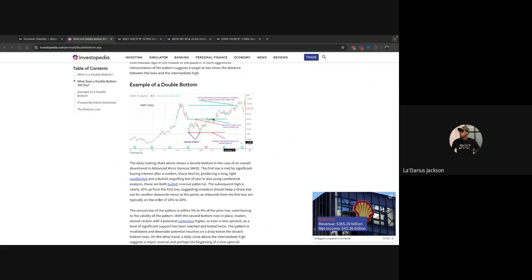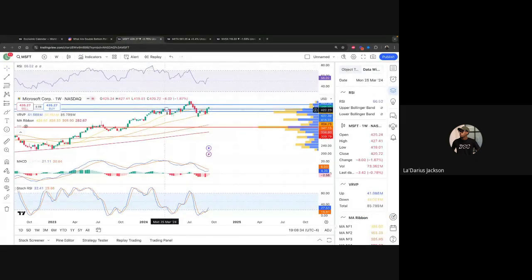Started here, ended there. You could have bought anywhere here, but nice buying opportunities would have been on the second tap on that floor. This is the first tap. Second tap is where I would buy. I think this is the safest place. So when you're looking at that double bottom, that's another good thing.